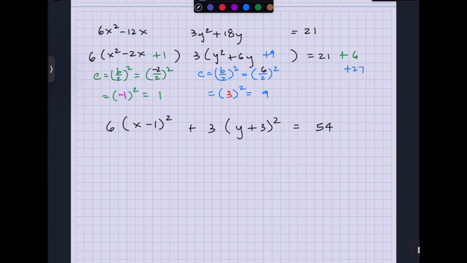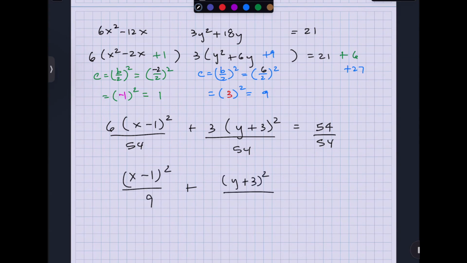Then we're going to divide everything by 54. So this is going to be an ellipse with a center of -1, 3.